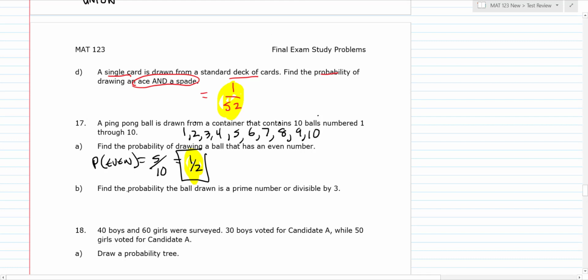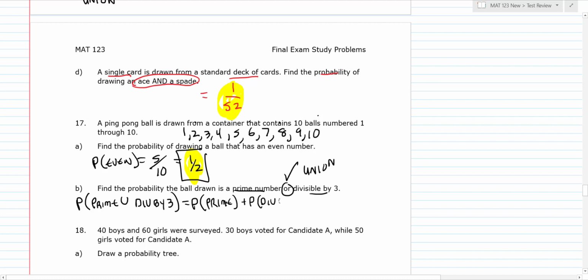Okay, next one says find the probability of a prime number or, and that's a key, that's a union, divisible by 3. So I'm going to write it like this: probability of prime union divisible by 3, and then apply the formula. So you do the probability of prime plus the probability divisible by 3, and then minus the probability of both.